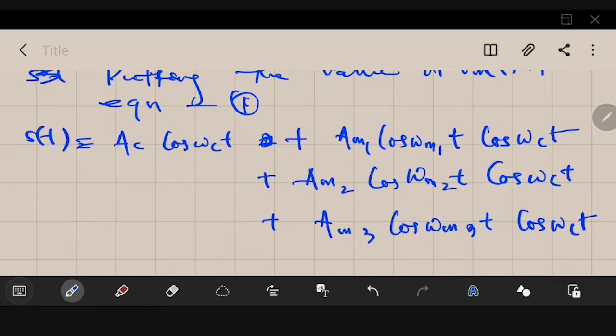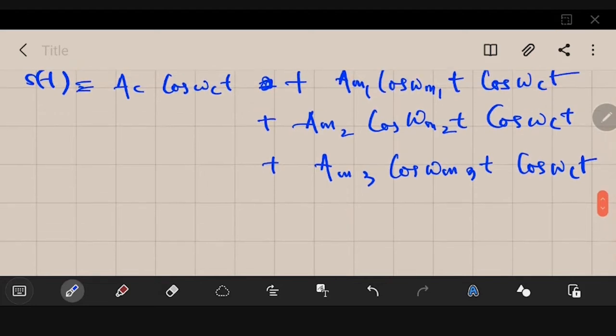Okay. So now the next thing that I will be doing is taking A_c common from here, as we were doing earlier also. Sorry, I will be taking A_c cos omega_c t common, not only A_c. So here I will keep A_c, and at the end I will keep cos omega_c t.